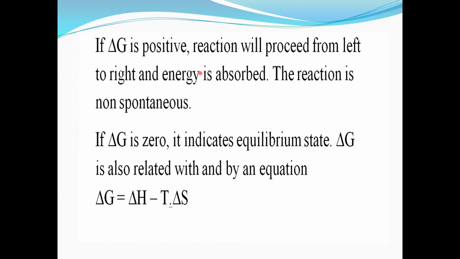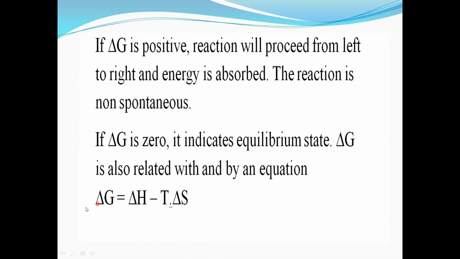If delta G is positive, energy is absorbed and reaction is non-spontaneous. And lastly, अब तीसरी कंडीशन, डेल्टा G की वैल्यू 0 है, it indicates equilibrium state. रिएक्शन इक्विलिब्रियम स्टेट में होगी.